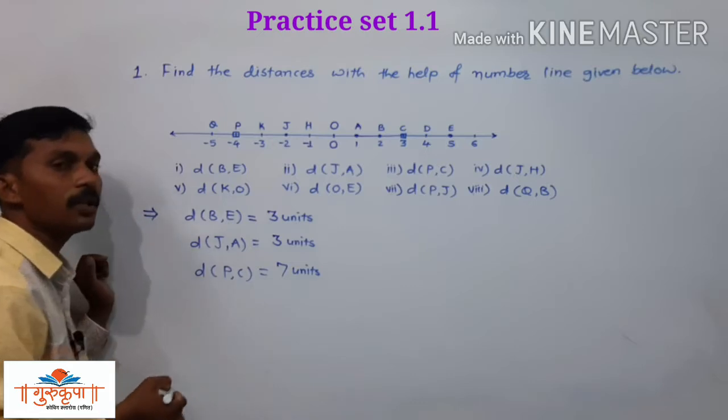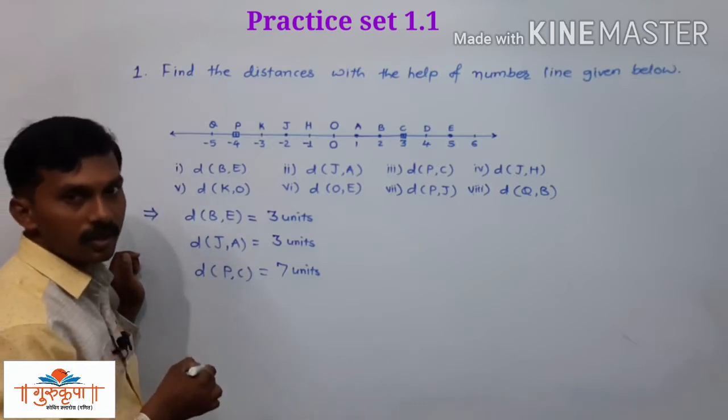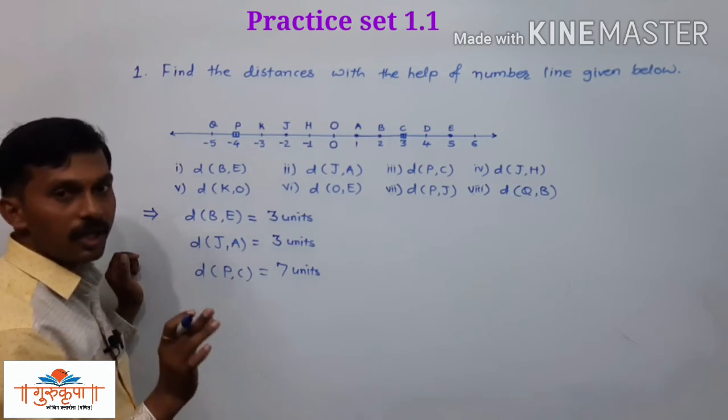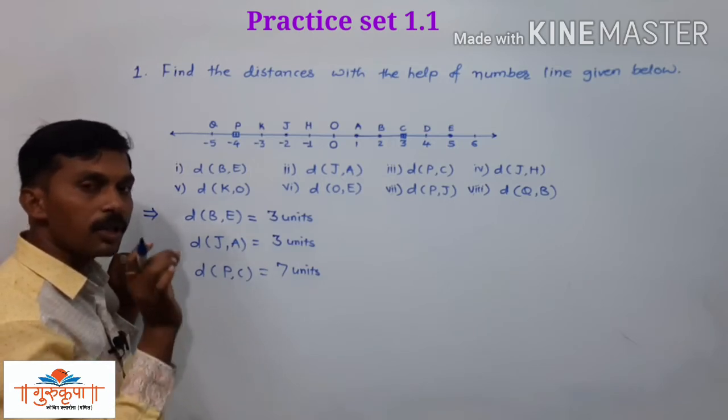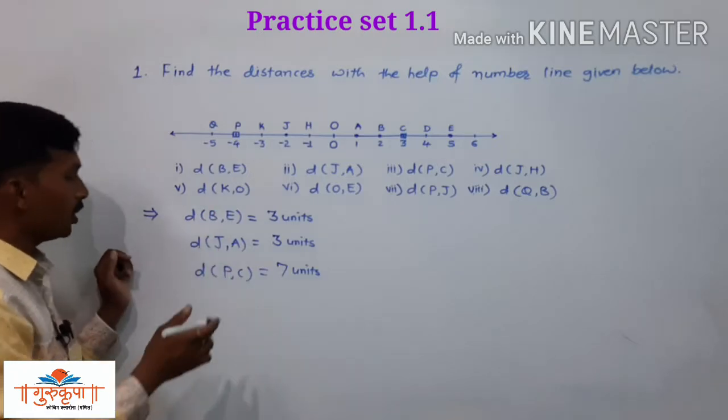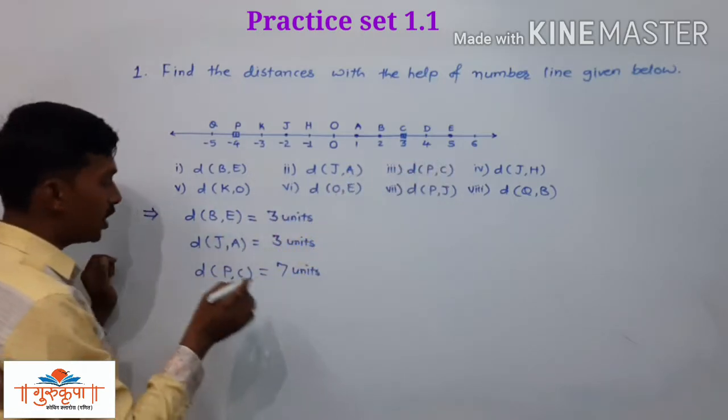We already studied in the previous video lecture that distance is never negative, and if 2 points are not distinct then the distance between them is always 0. Here we have to find the distance JH.